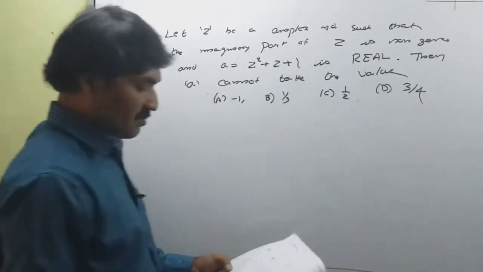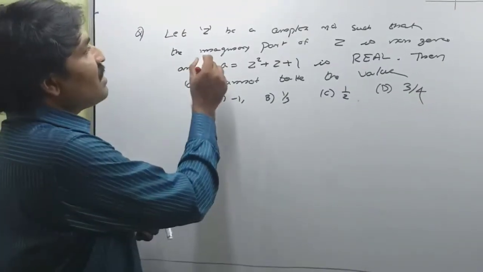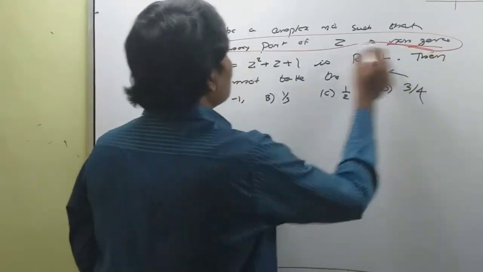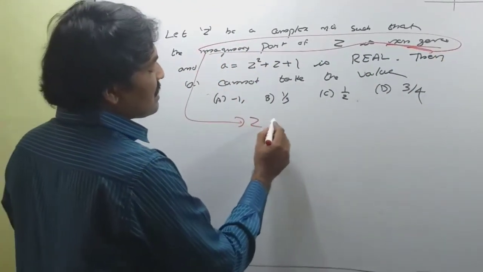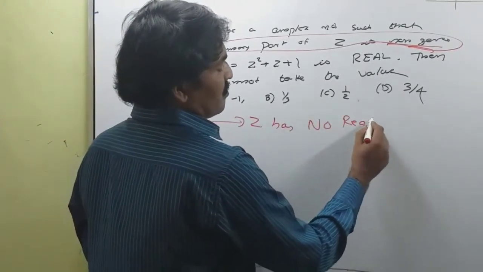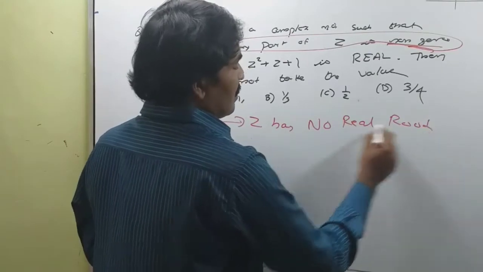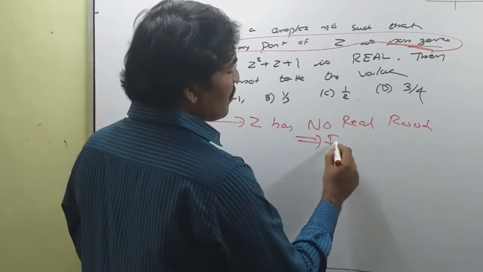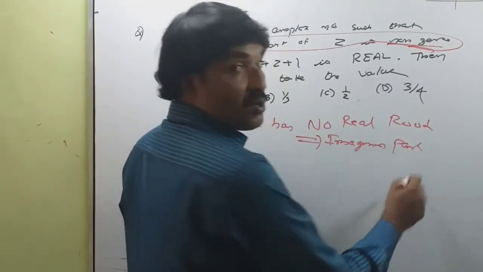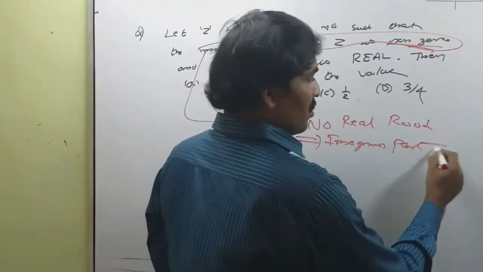It's given the imaginary part of z is non-zero. That implies z has no real root. That implies imaginary part not equal to 0.